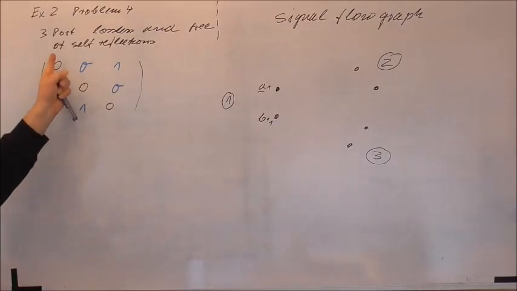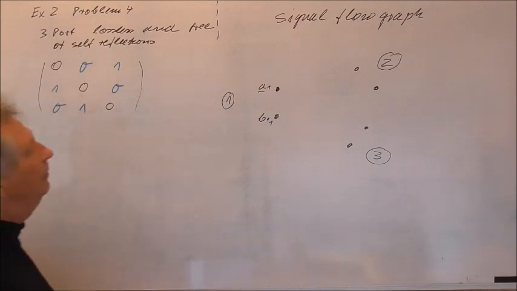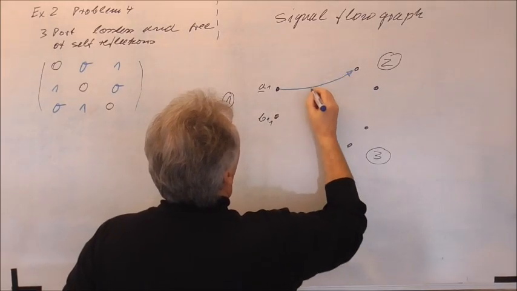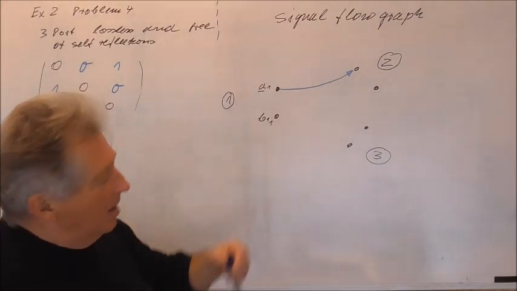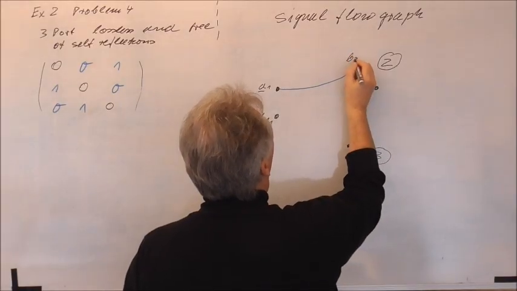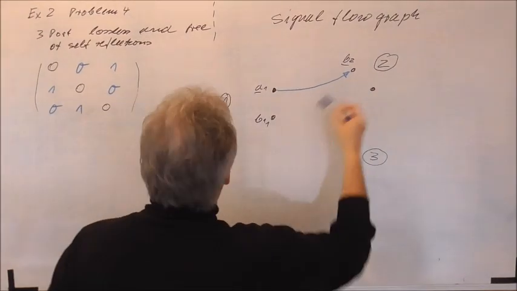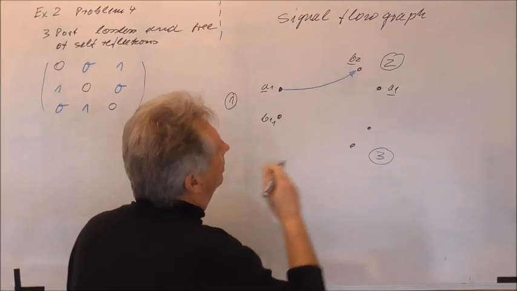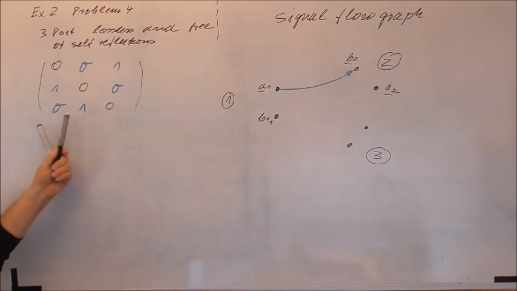You see here, if I insert a wave into port 1, it just comes out of port 2. So we can sketch it like this. We will have a wave here. This is in principle 1 in its absolute value, but it may introduce a certain phase. So this I call B2. And if I insert a wave into port 2, then it will come out of port 3 here.